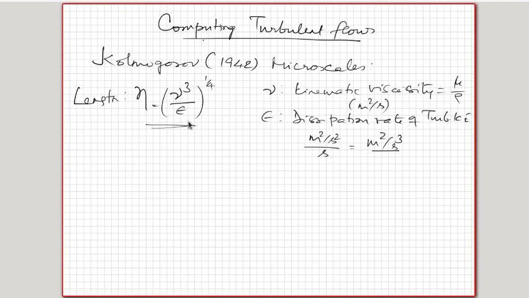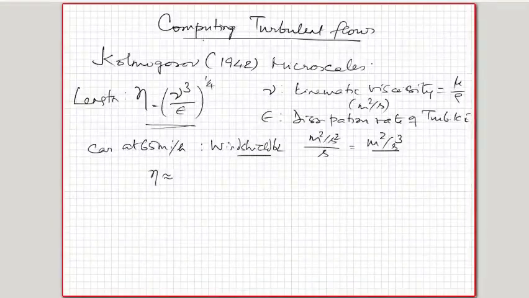So for a car at 65 miles per hour, windshield boundary layer, let us say, the Kolmogorov scale eta is of the order of 4 into 10 to the power of minus 6 meters.